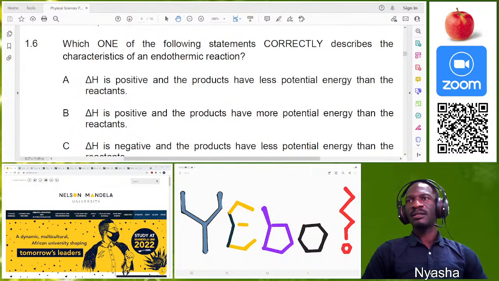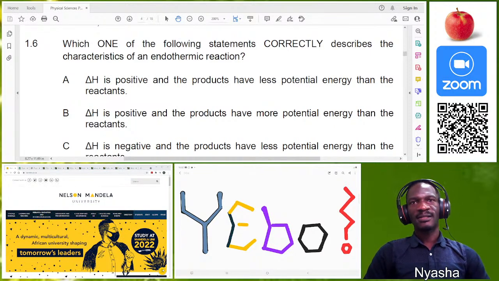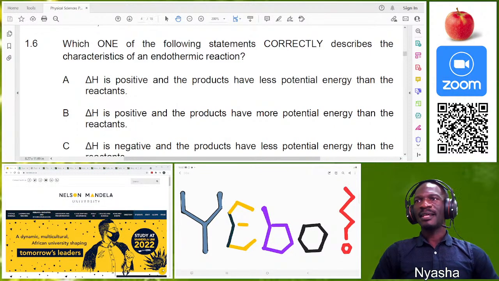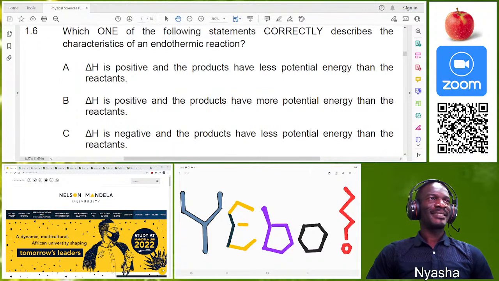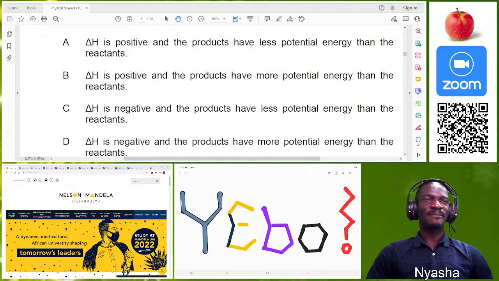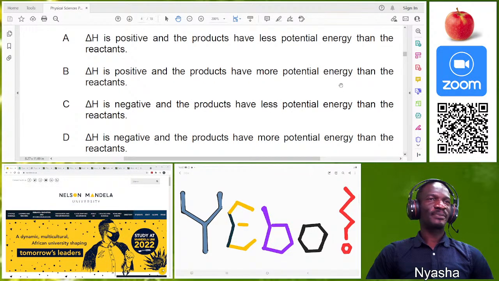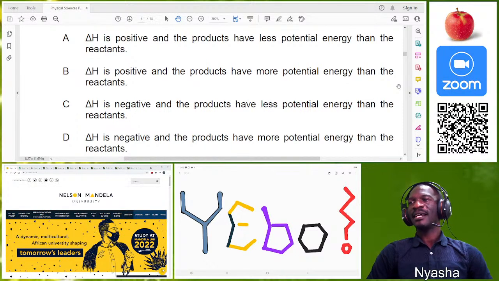So when we look at exothermic and endothermic reactions, what are the characteristics for the endothermic reactions? The first quantity that is standing out in these options is delta H. The first quantity that you see in all the options that have been provided is delta H.